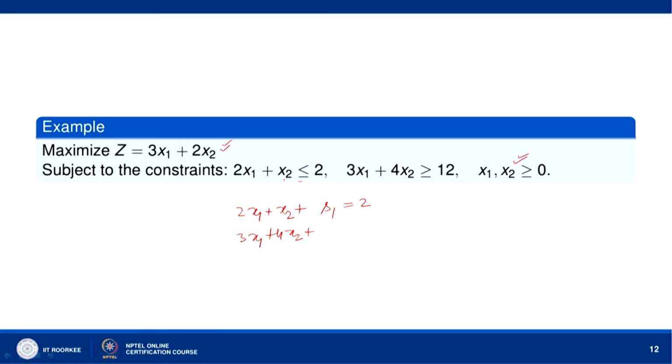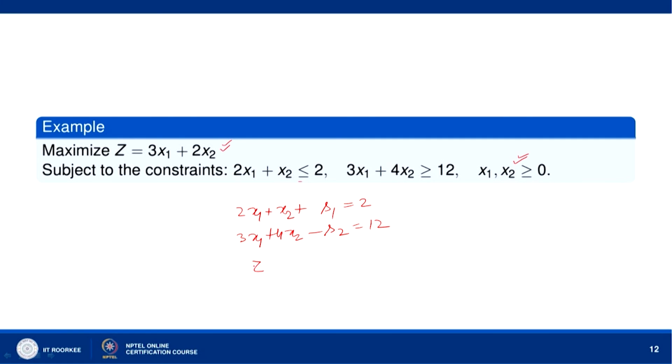So, we have to add a slack variable here: 2x1 plus x2 plus s1 equal to 2. For 3x1 plus 4x2, it is greater than or equal to type, so we write minus s2 here. We have to subtract a surplus variable, so minus s2 equal to 12. Now, in order to get an initial basic feasible solution, we have to consider the artificial variable also.